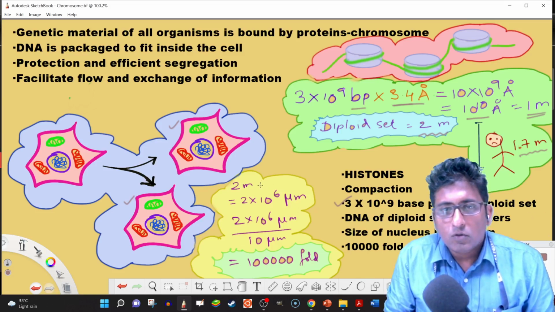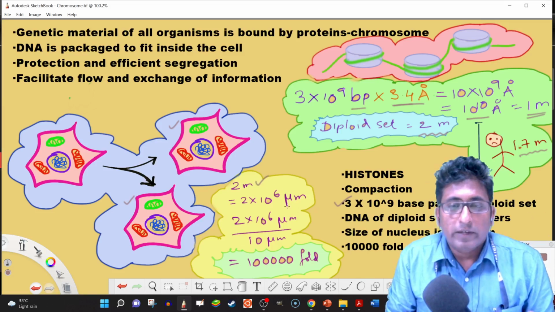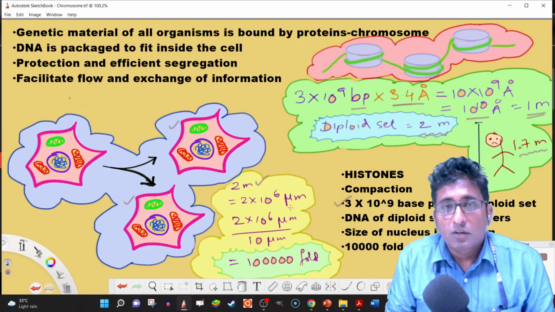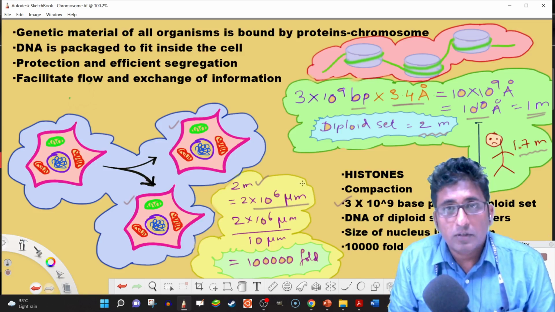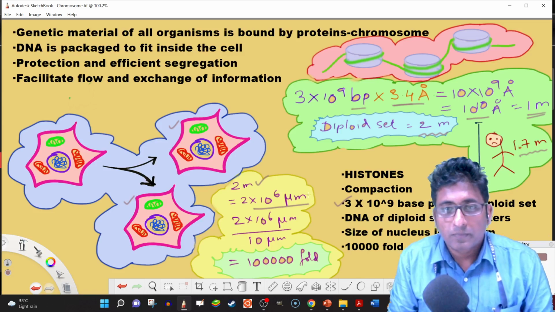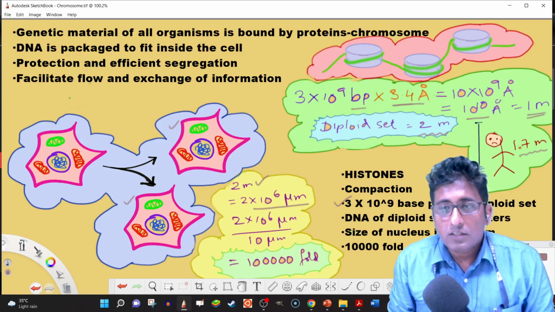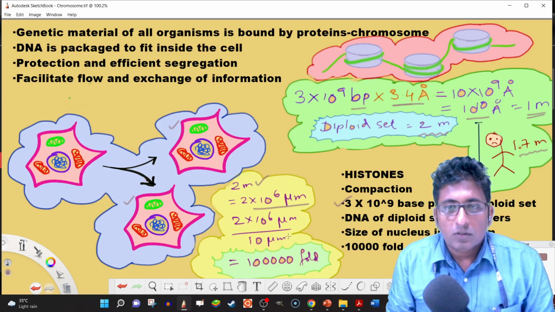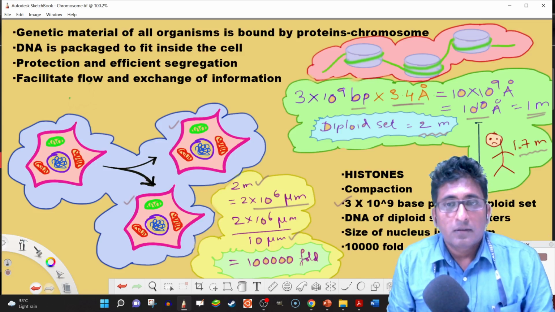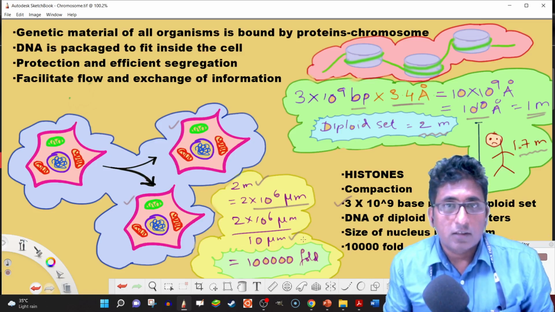The length is about 2 × 10⁶ micrometers. I just converted meters to micrometers. And the size of the nucleus is about 10 micrometers, approximately. When we divide by 10 micrometers, we get 10,000 fold. The compaction is about 10,000 fold.